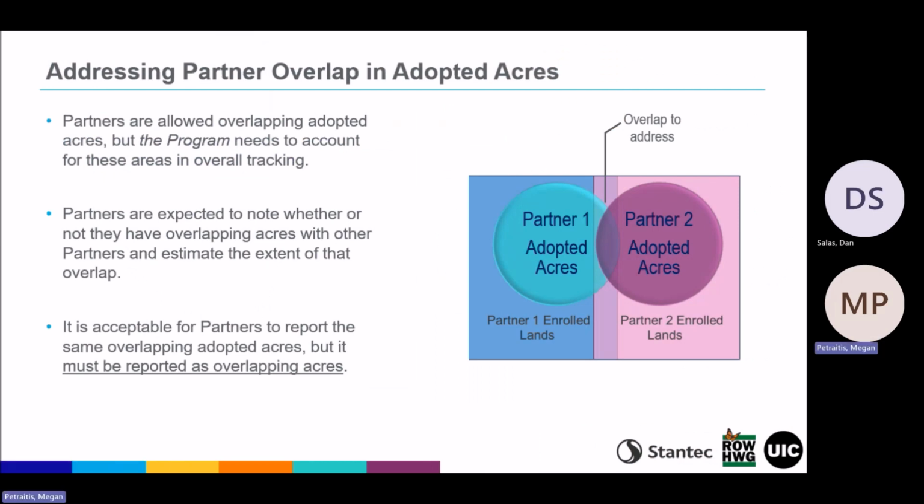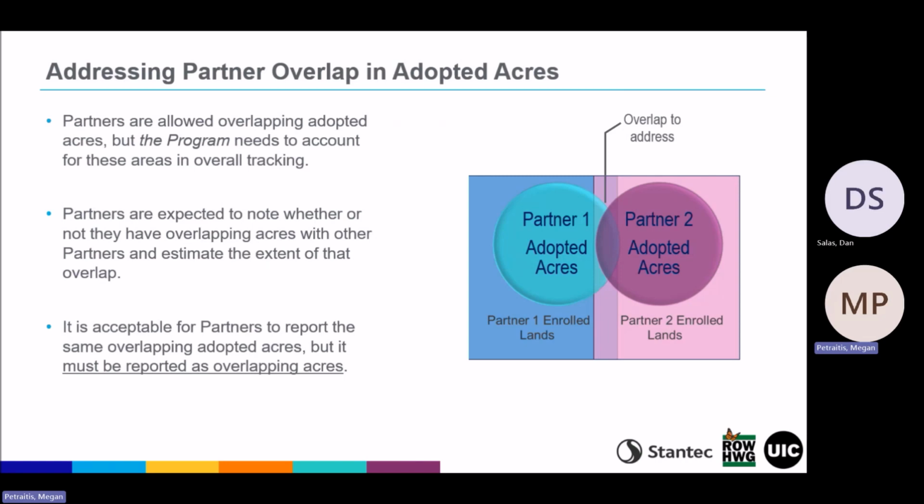One aspect of annual reporting is addressing partner overlap in adopted acres. So for a program level, we need to know what adopted acres are overlapping with other partners. This does not affect your overall adopted acres target. You would still be considered to have met it, even if there is some overlap.